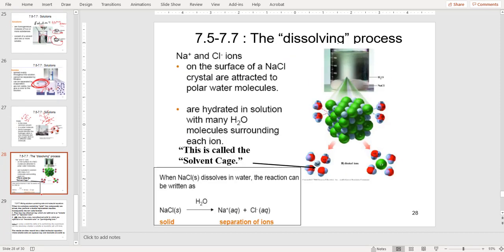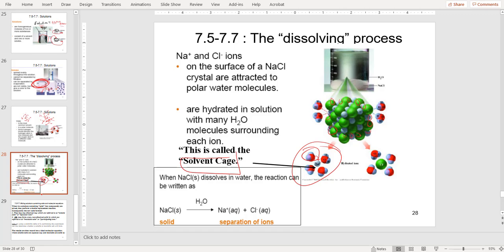Here's a nice pretty example of what I just showed you. So the partial negative is attracted to the positive on the sodium, and it surrounds it in what's called a solvent cage. So when it does that repeatedly for each one of the particles in the substance, then we say that it's dissolving.